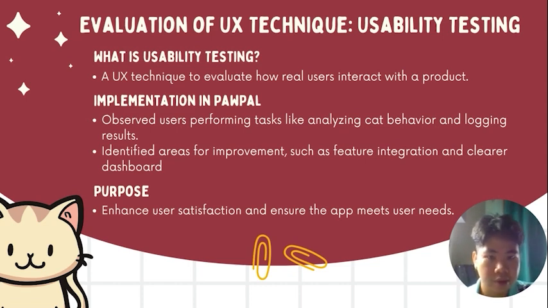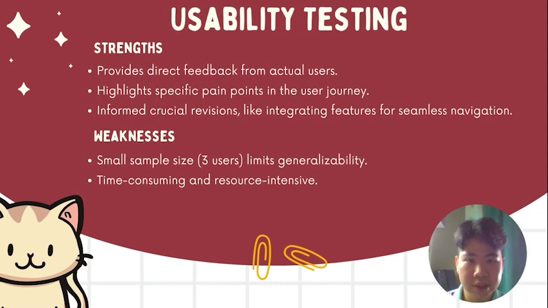The purpose of this UX technique is to enhance user satisfaction and ensure the app meets user needs. Its strength is that it provides direct feedback from actual users and highlights specific pain points in the user journey, and also informs crucial revisions like integrating features for seamless navigation.